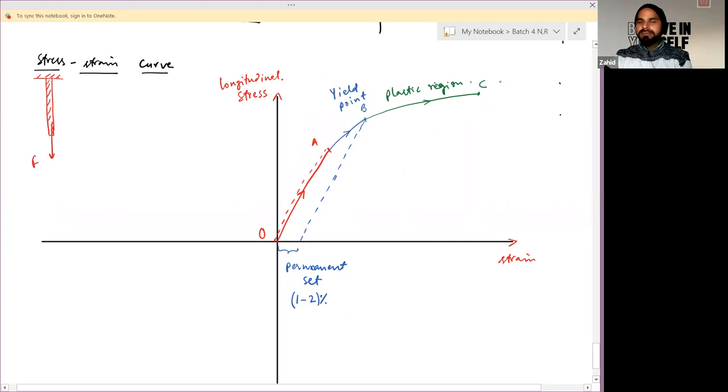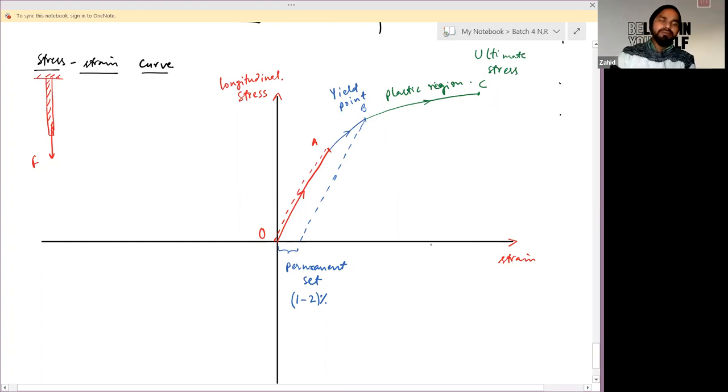So C is the maximum value of stress a body can withhold without breaking. So C is termed as ultimate stress, or the maximum stress withheld by any object without breaking.